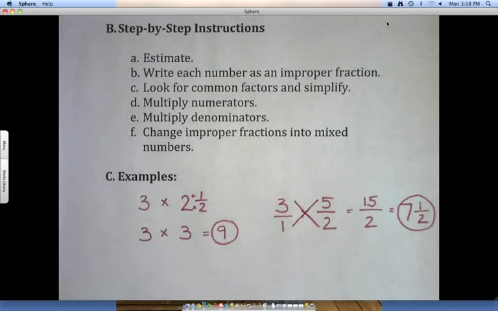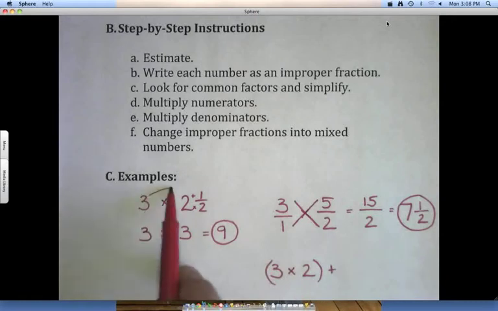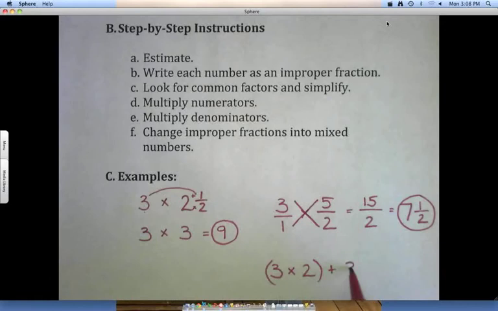Now the distributive property again states that if I am multiplying 3, I can take my 3 that I'm multiplying and I can break up my whole number and my fraction. So I can take 3 times 2 and I can also take 3 times 1/2 and add those together to get my answer.